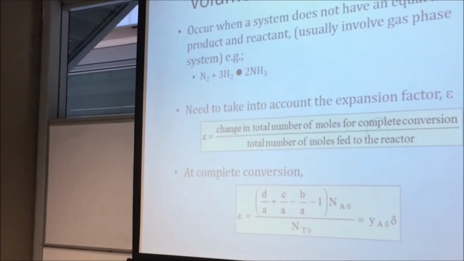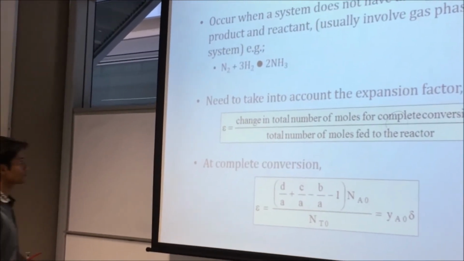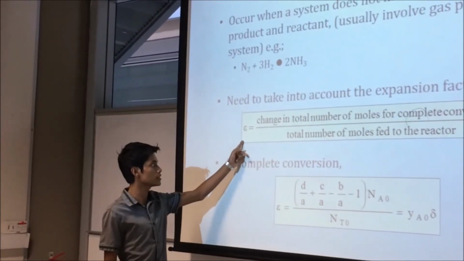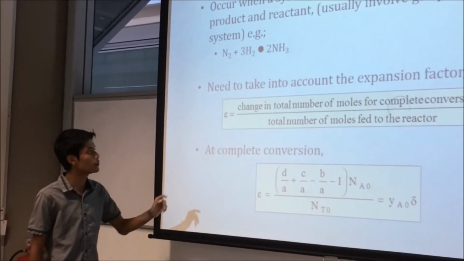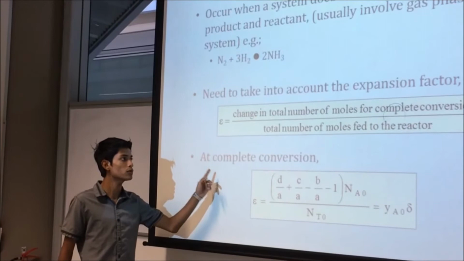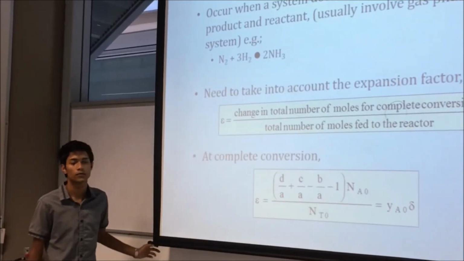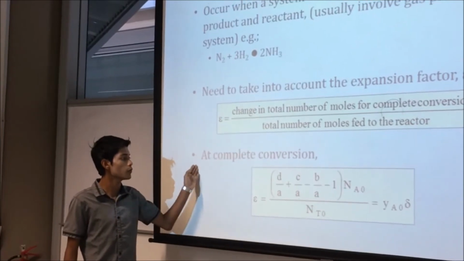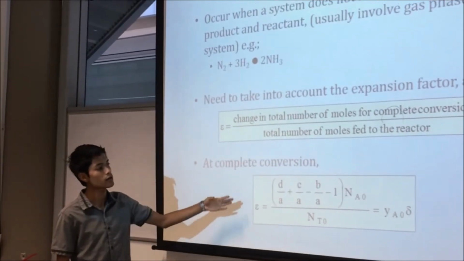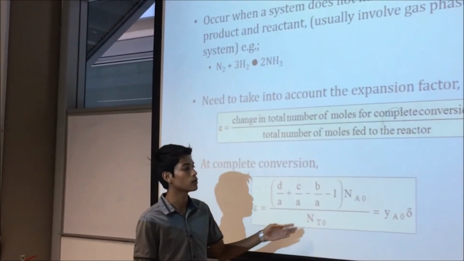So we need to calculate the expansion factor, which is the change in total number of moles for complete conversion divided by the total number of moles fed to the reactor. Okay, so you can see that at complete conversion, the expansion factor will equal this.